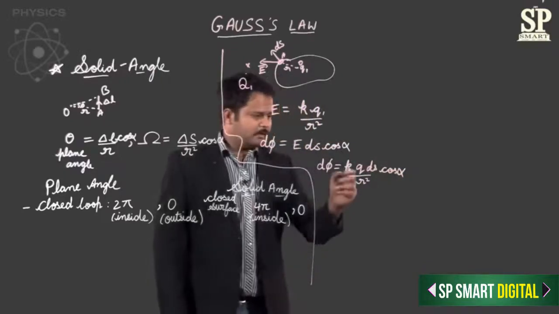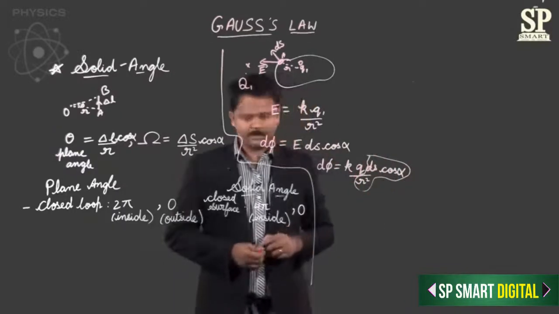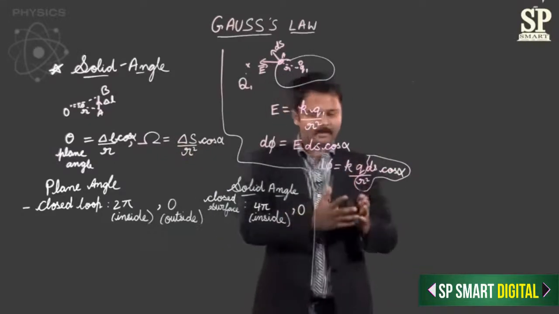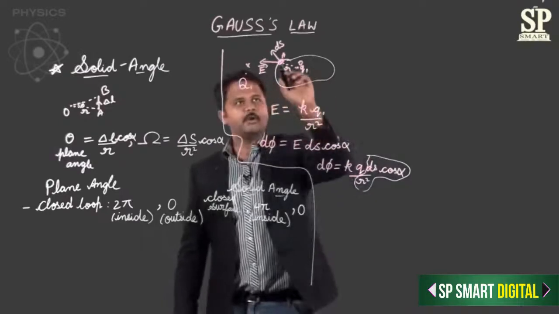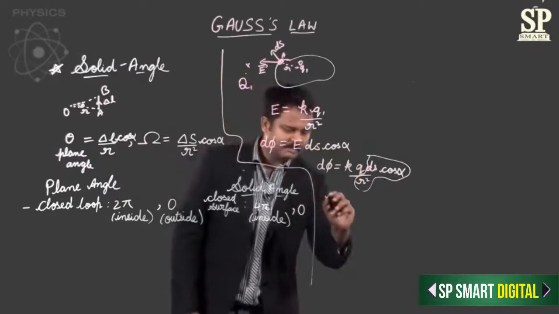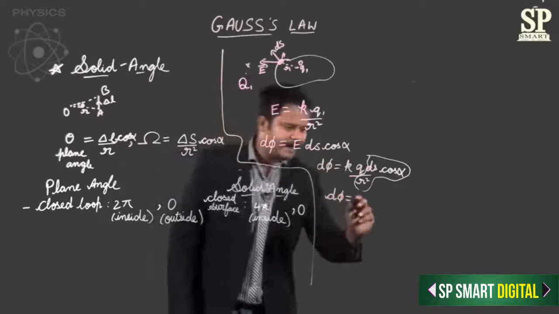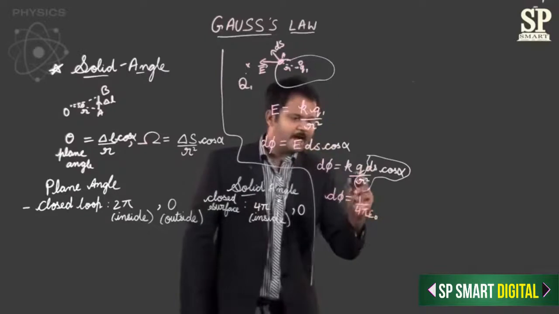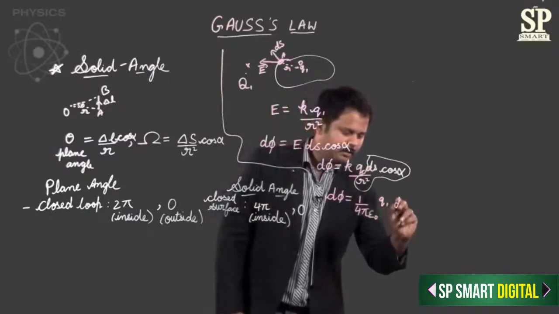Now, let's consider this ds cos alpha upon R square. We've seen it looks exactly the same form, right? So what we have here is KQ times the solid angle being subtended at this point O by the small area around A. So I can write this as d phi equals, and expanding the value of K, 1 upon 4 pi epsilon naught times Q1 times d omega.